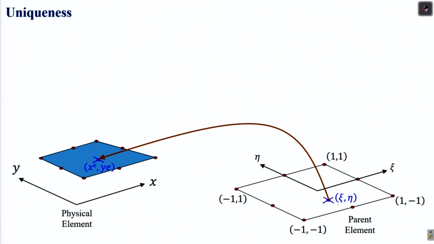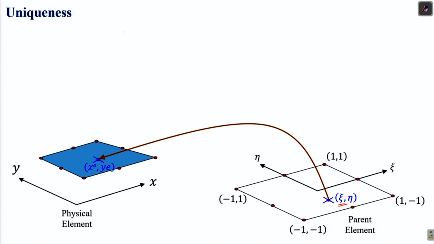Any point xi, eta is mapped to this, but the question is whether this map is unique or not. By unique we mean: if we take every point in the parent element, whether the image of that point, when mapped to the physical domain, lies within the domain or not.